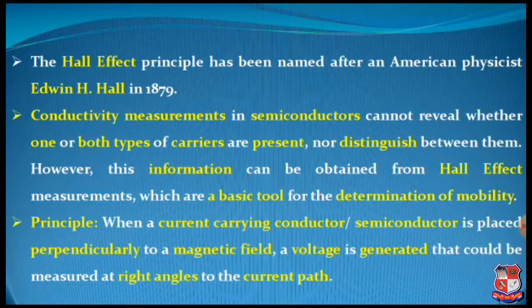So this is basically a 3-dimensional situation in which one dimension stands for your investigating material, that is semiconductor or conductor. The other direction is for the magnetic field, and the third dimension is for the current path. And remember, all these 3 dimensions will be perpendicular to each other.